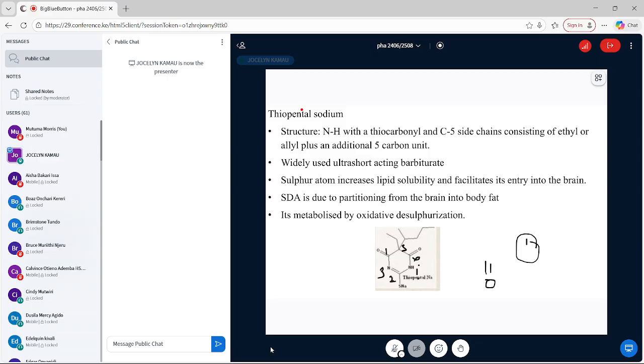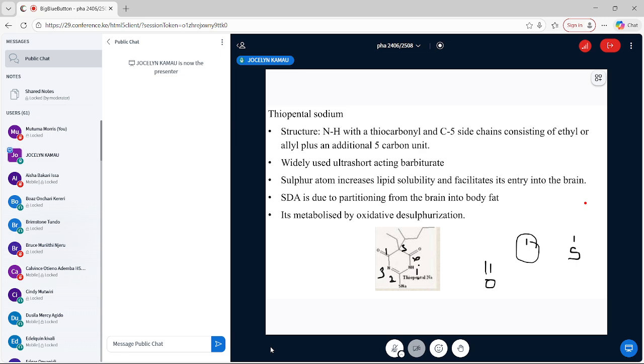When you compare oxygen, nitrogen, and sulfur, oxygen has the highest electronegativity, followed by nitrogen, and the least is sulfur.